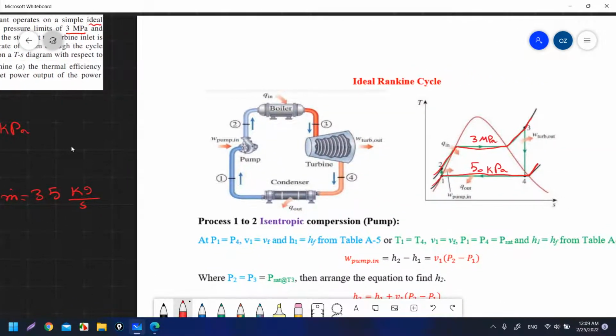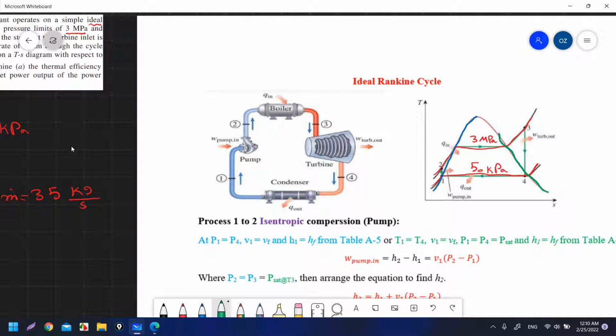Saturation lines are these lines, this dome. This line is the saturation or saturated liquid line until this point, the critical point. And the saturated vapor line is this line.